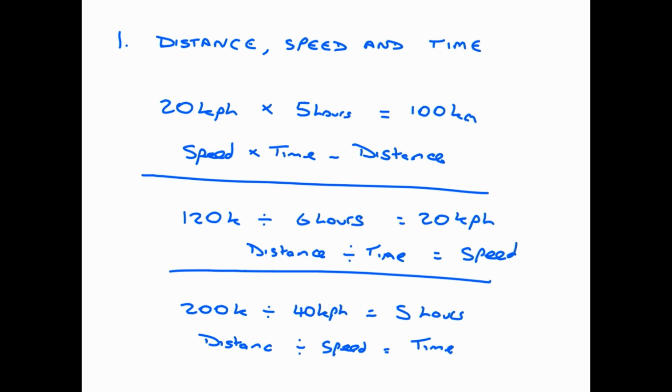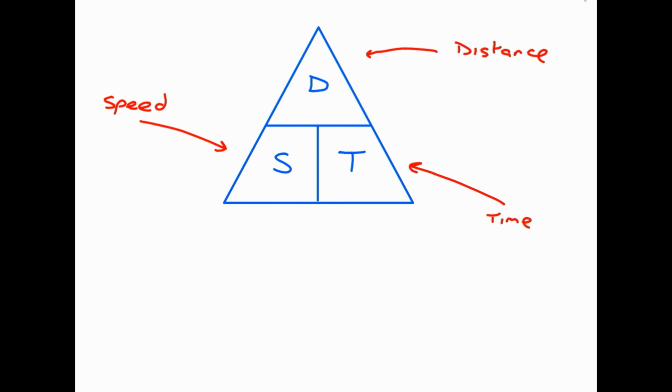So let's now try to make this a little bit simpler. Take a look at this: a triangle, broken up into 3 sections, D, S, T. These are the 3 units that we've been talking about: distance, speed and time. The reason they are written like this is that this acts as a guide for how we work out the calculations.